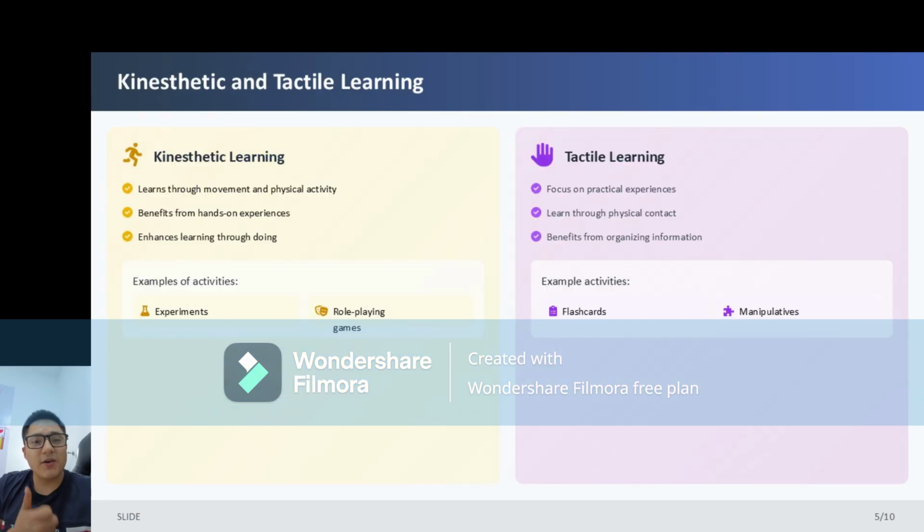Kinesthetic and tactile learning. Kinesthetic style. Kinesthetic learning is based on doing. Learning occurs through movement and physical activity and benefits from hands-on experience. Examples of activities include conducting practical experiments and participating in role-playing games. Tactile style.